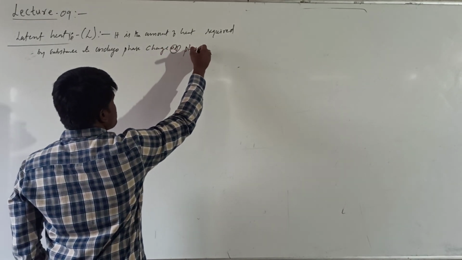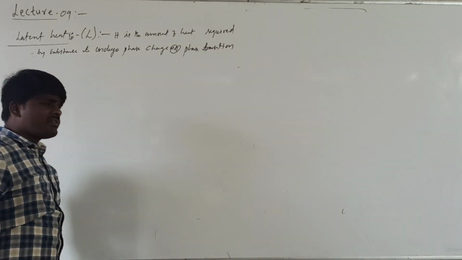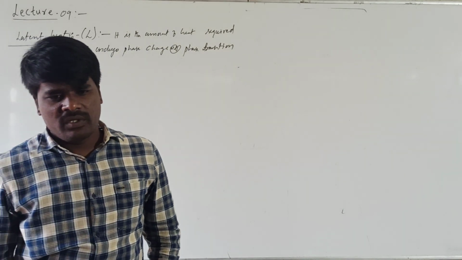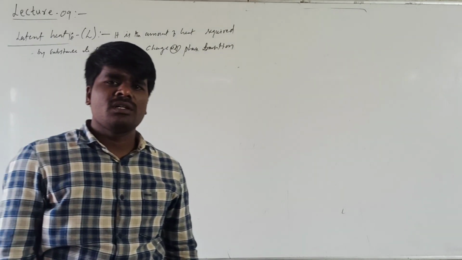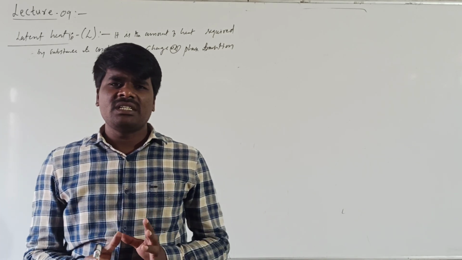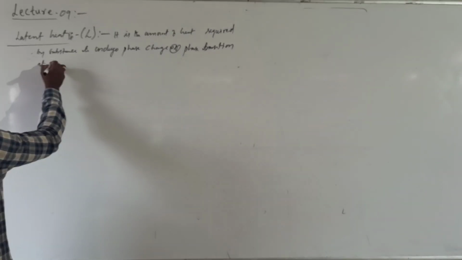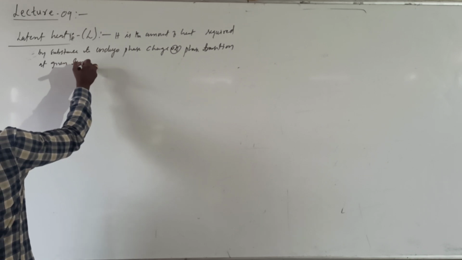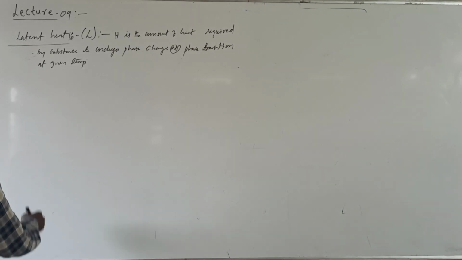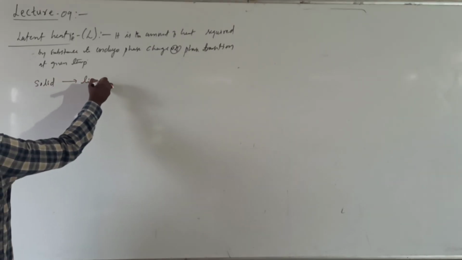What is meant by phase transition? It is the amount of heat required by a substance to undergo phase transition or phase change. That means if a solid has to be converted into liquid, it requires a certain amount of heat at a given temperature. For example, conversion of solid to liquid is called phase transition.